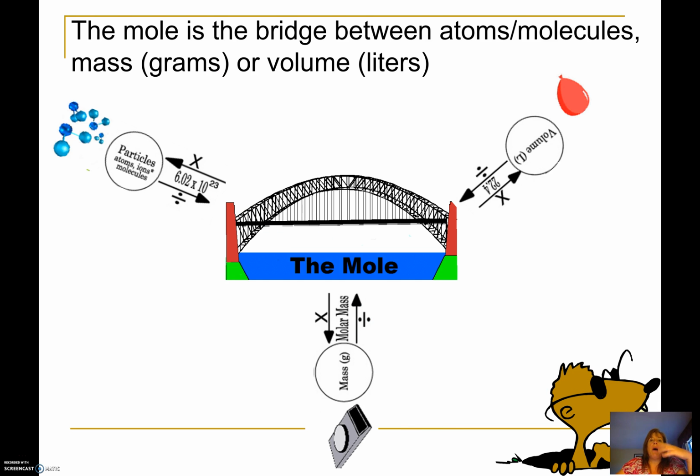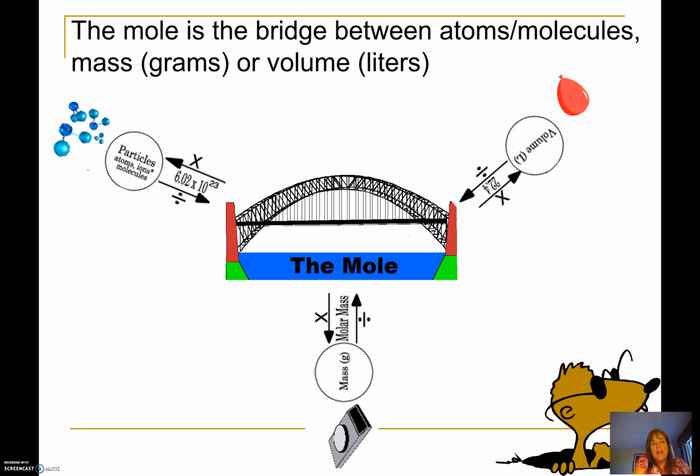Now, the cool thing about moles is they're a bridge, right? If I can calculate between molecules and moles, and if I can convert between moles and mass or moles and volume, then I could find out how many molecules I have when I weigh something in lab. Oh, so how do I do that? Well, I just kind of rearranged my little diagram here.